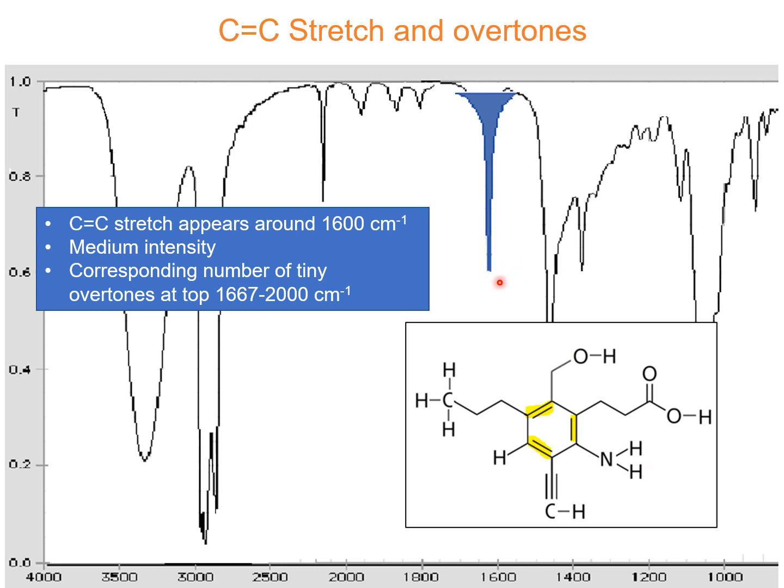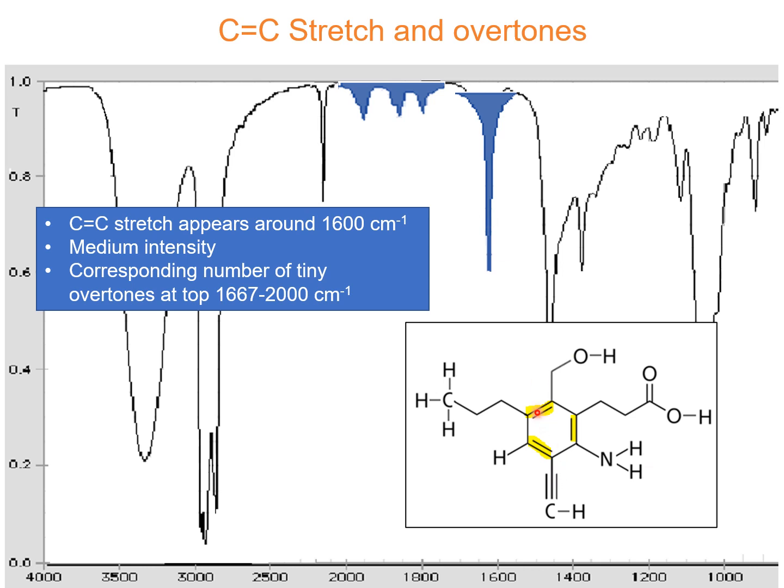The specialty about them is that they give rise to overtones. In the next advanced levels, we will learn what overtones and combination tones are, but for now just remember they will give rise to a number of small peaks at the top. They usually start from 1660 and go up to 2000, and they roughly indicate how many double bonds are present.